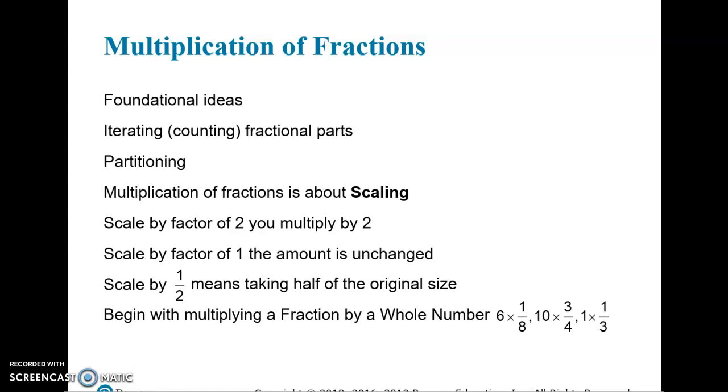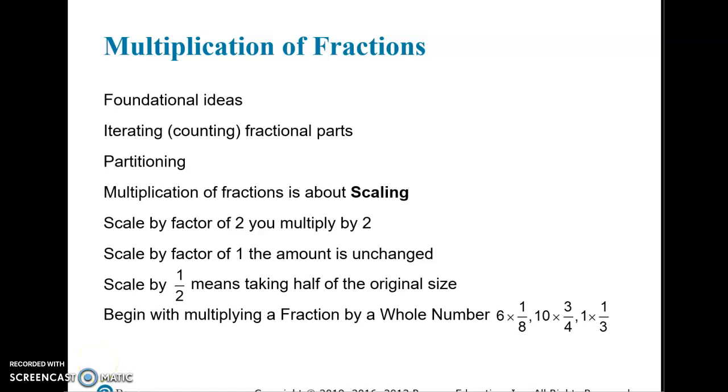Identity property of multiplication. Similarly, multiplying by a half means taking half of the original size, while multiplying by 1 1/2 means the original size plus half the original size. The scaling concepts can enhance students' ability to decide whether their answers are reasonable.